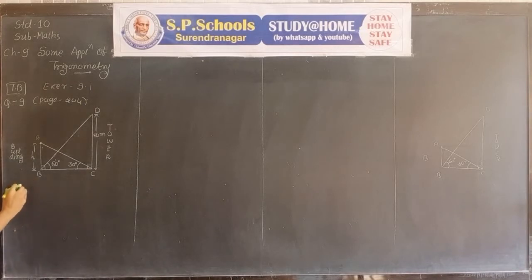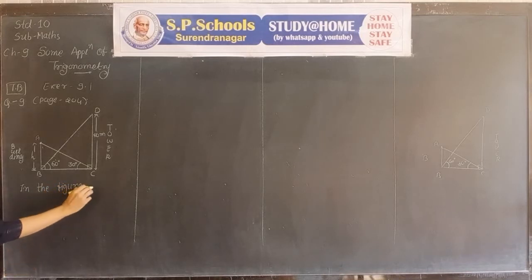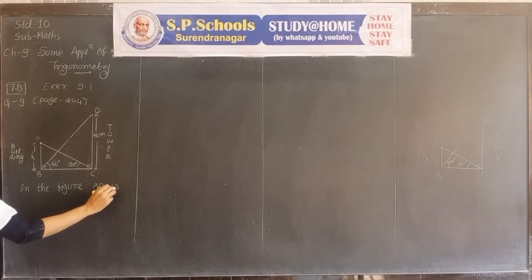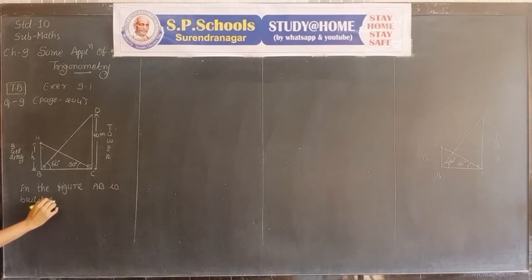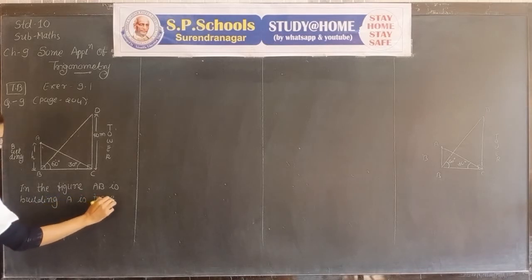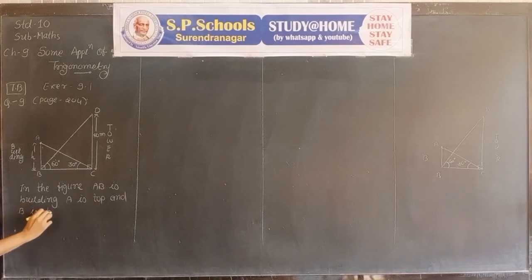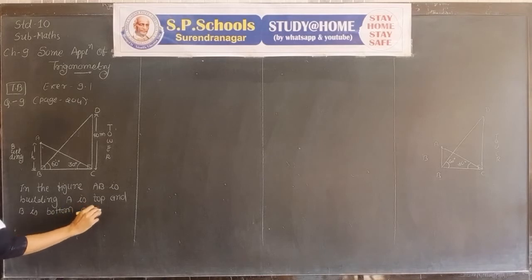First of all, write the description of the figure. In the figure, AB is the building, A is the top and B is the bottom of the building.